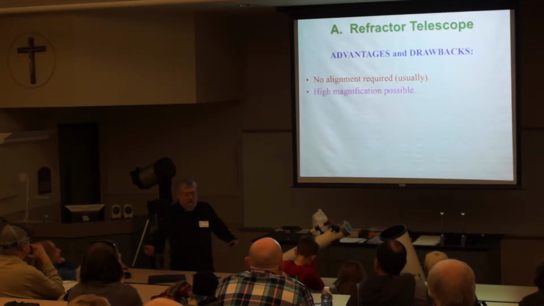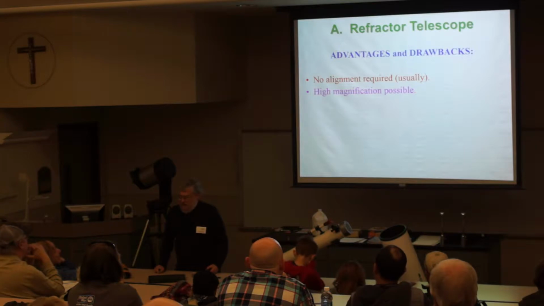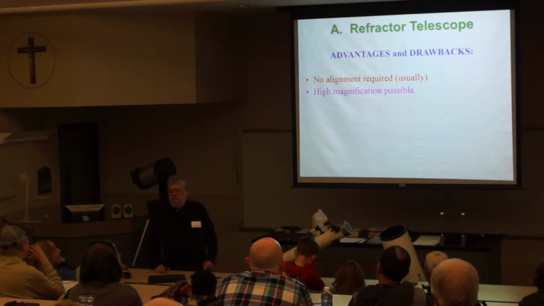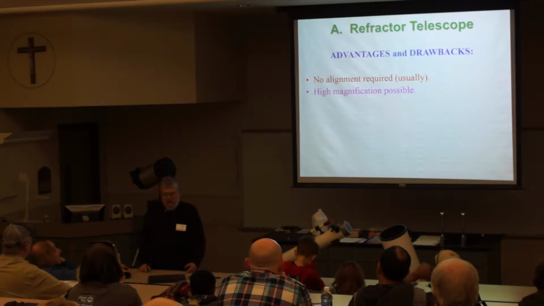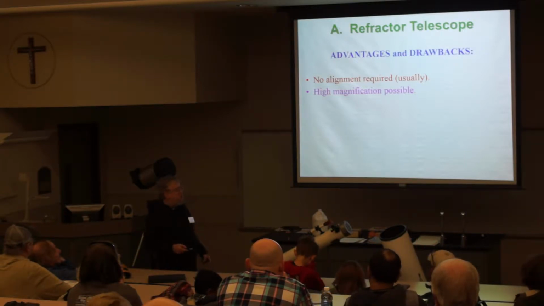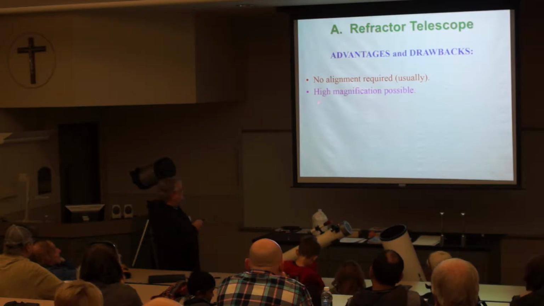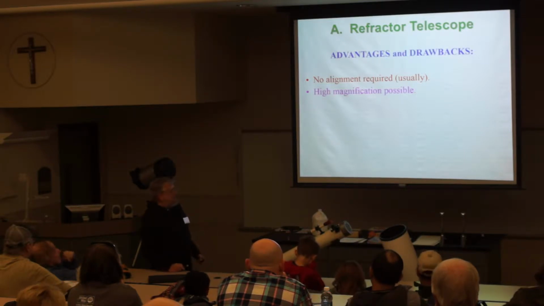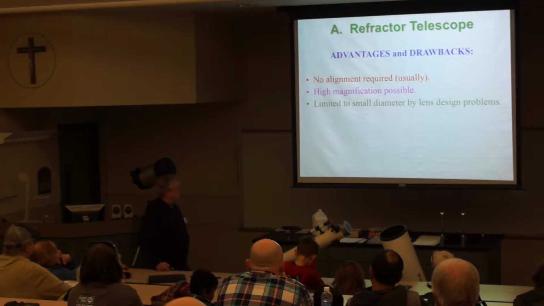And the long length of these refractor telescopes makes them suitable for high magnification for small objects like planets and close double stars. We'll see how that works shortly on the magnification, but this is due to the long focal length of most refractor telescopes.